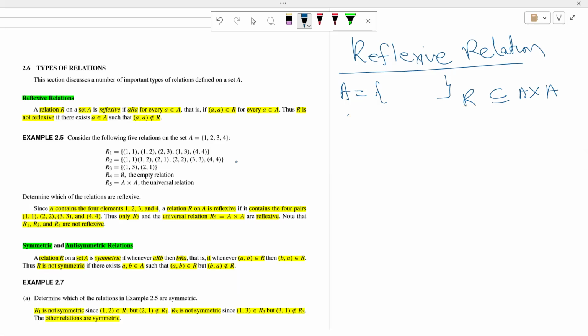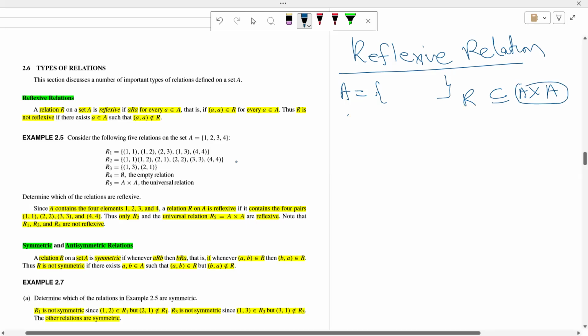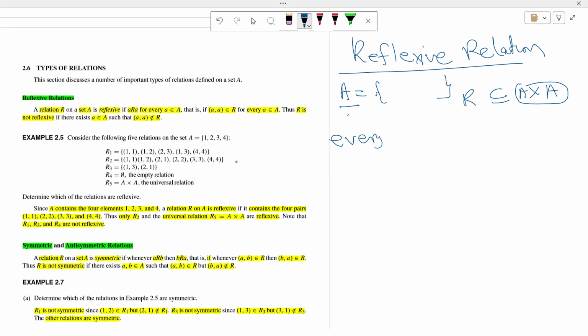So A cross A, the relation is a subset of A cross A, right? So this relation is considered a reflexive relation when all the elements in the set A, every element, not one or two elements, right? The important point here is every element, every ordered pair, every element in A.